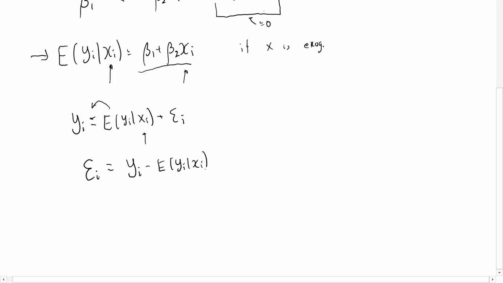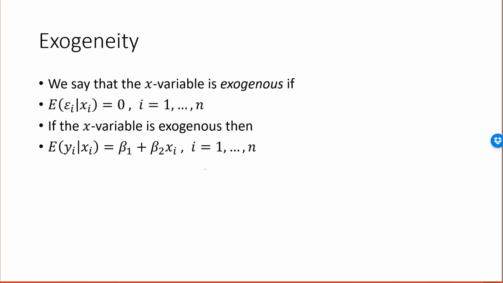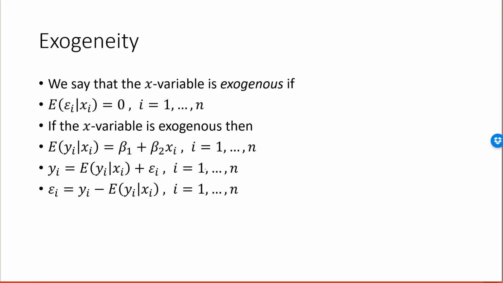And that's a very useful way of thinking about the error term in a linear regression model. So just collecting these results in the presentation. If the explanatory variable is exogenous, we know that this is true. Then the conditional expectation is just a linear function of the x variable. That means that I can decompose the observed value of yi into the expectation part and the error part. And that in turn means that I can write the error part as the difference between the observed and what we expect to observe.